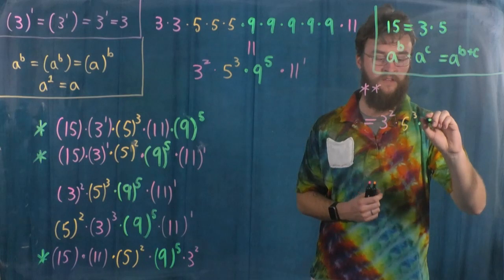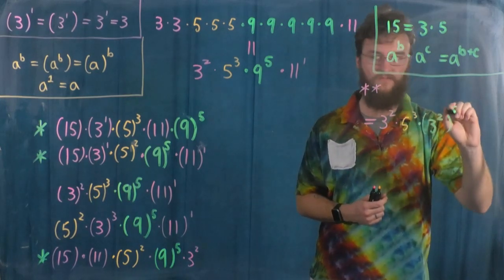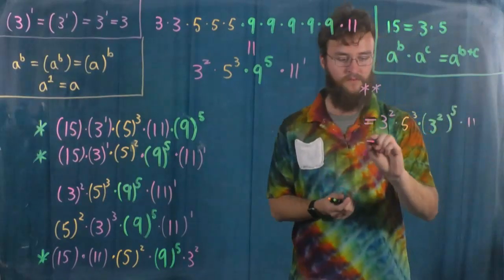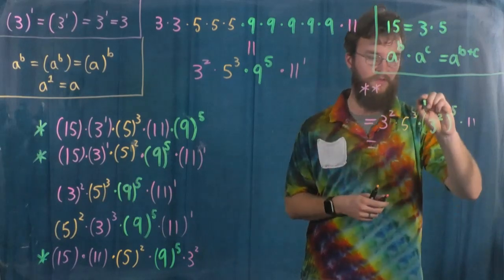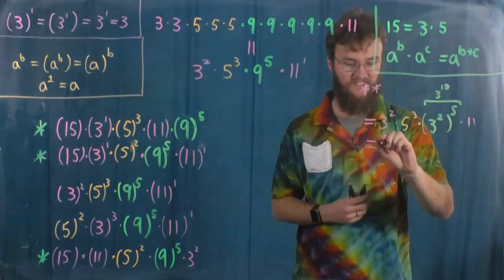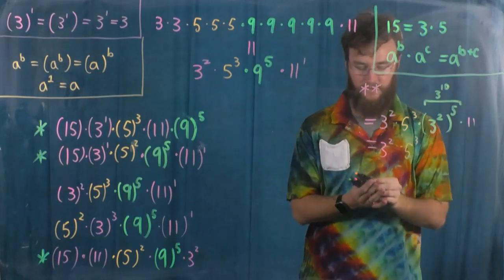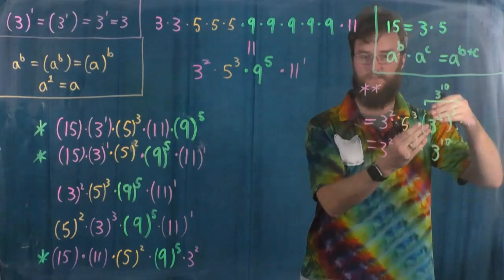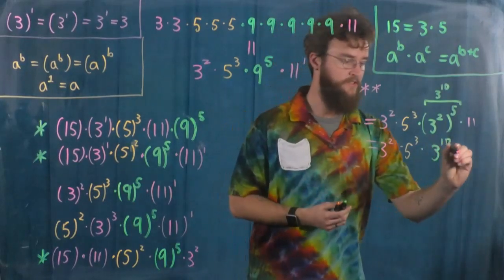So times, I'm going to rewrite 9 as 3 squared, all raised to the 5th, times 11. And now this is going to become 3 to the 10. So I'll write all that out in its own steps. So 3 squared times 5 cubed times 3 to the 10, because when you have nested powers, you combine them by multiplying, and then times 11.